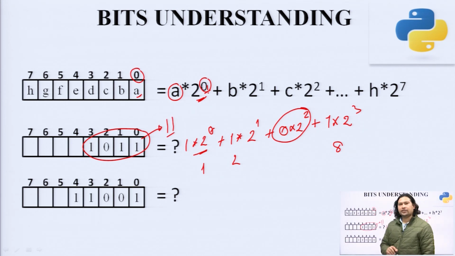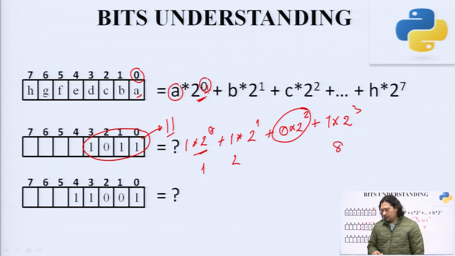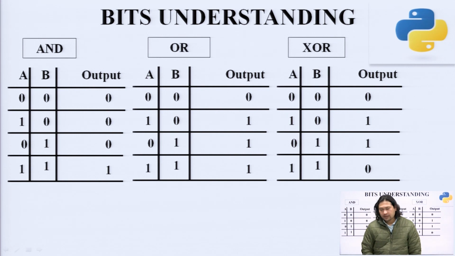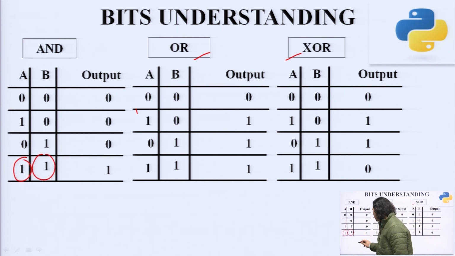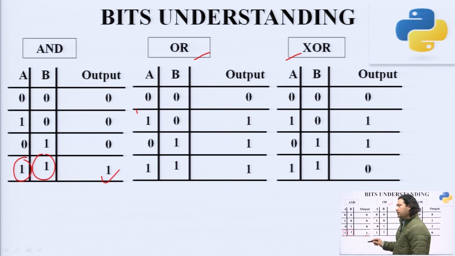In the previous lecture, you have seen that 11 is converted into binary form. Now, try to understand AND, OR and XOR. Here you can see that unless both conditions are true, you cannot get the answer 1 in AND.